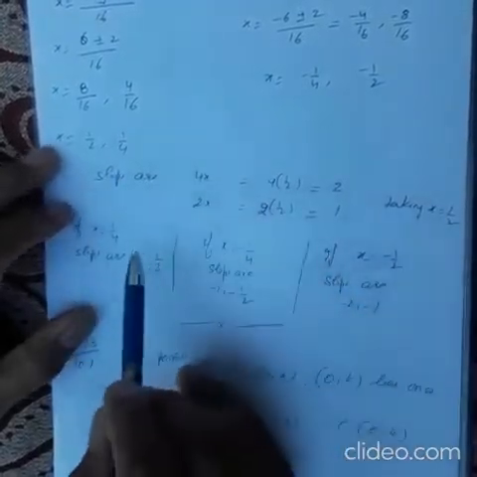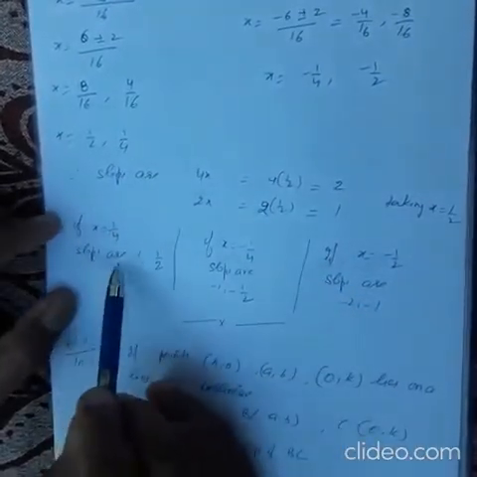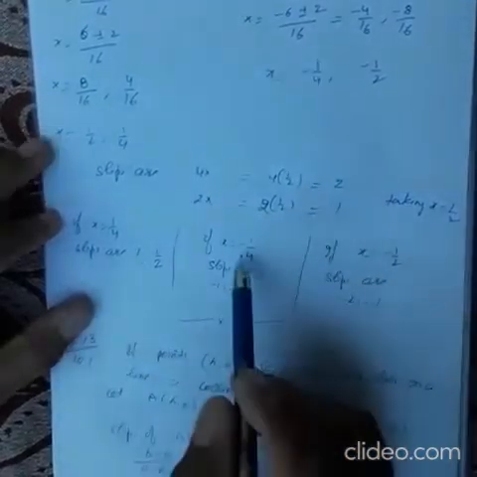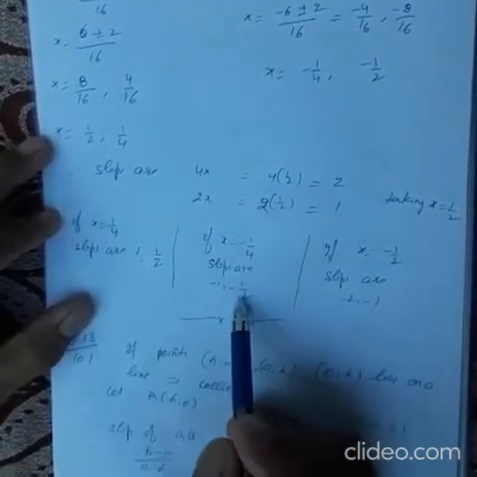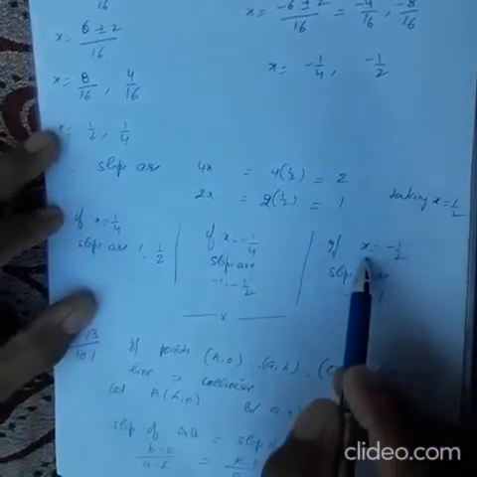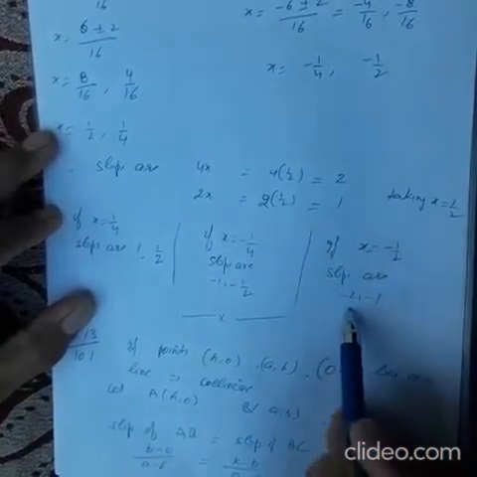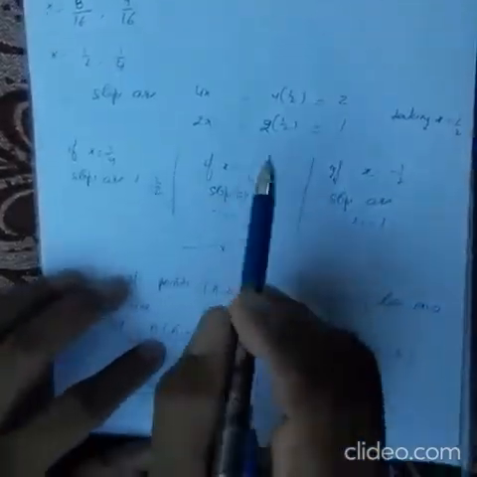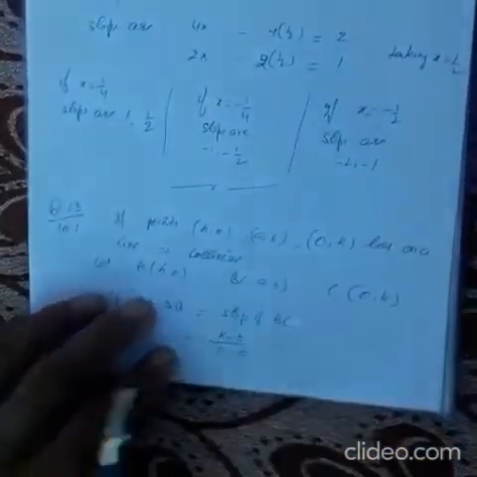When x is 1 by 4, the slopes will be 1 and 1 by 2, using 4x and 2x. Similarly, when x is minus 1 by 4, the slopes are minus 1 and minus 1 by 2. When x is minus 1 by 2, the slopes are minus 2 and minus 1. So there will be 4 different answers.